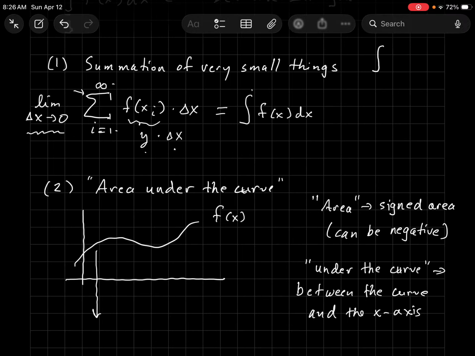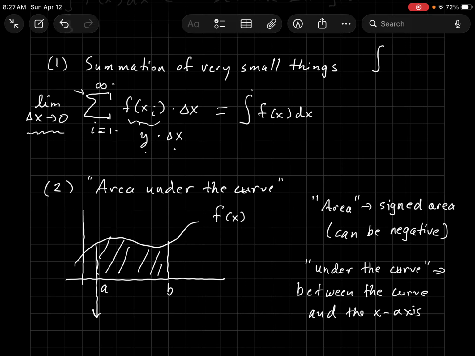So we're talking about, for example, here to here. And I'll call this point A and B, which, as we'll see later, are our limits.